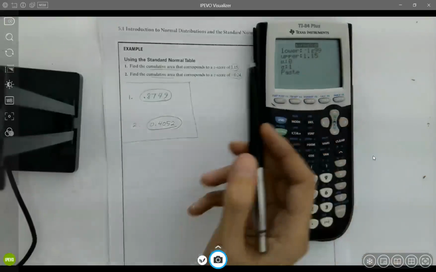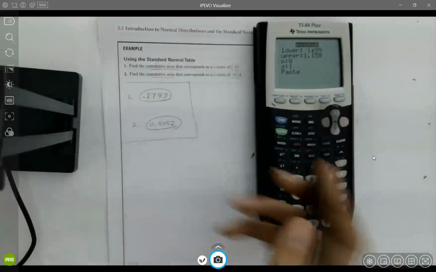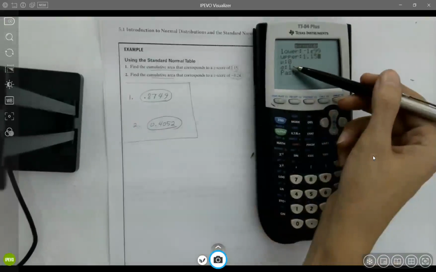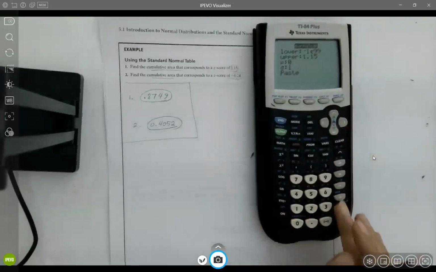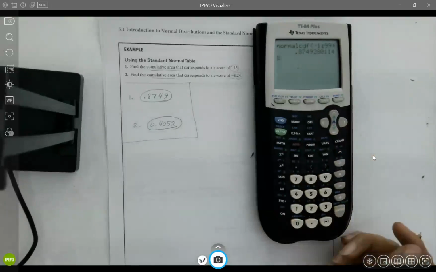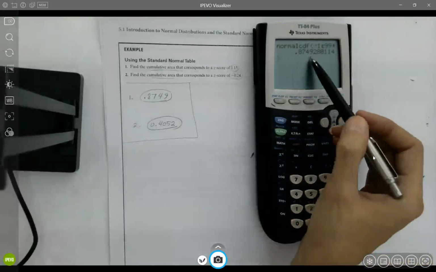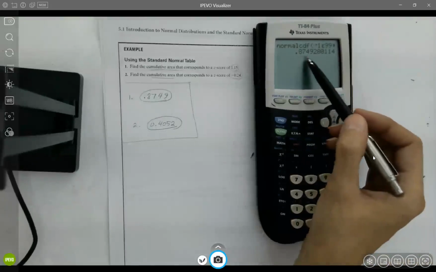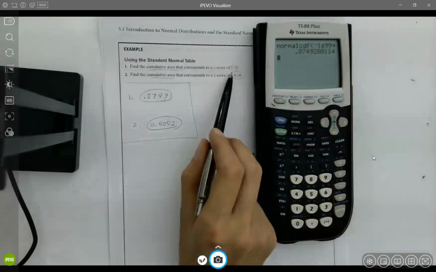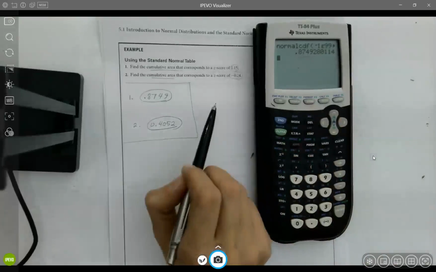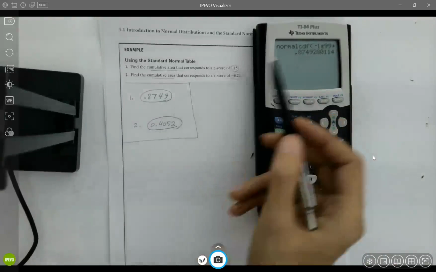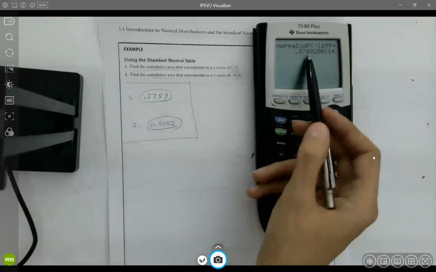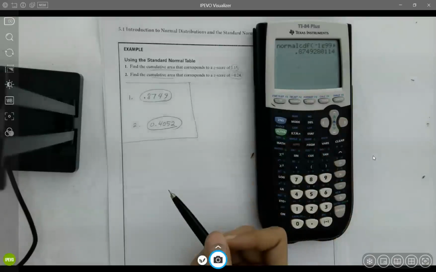Since you are working with z-scores, it means that the mean is 0, standard deviation is equal to 1, so enter and get the cumulative area to the left-hand side of z equals 1.15. As you can see, we have the exact same cumulative area to the left.